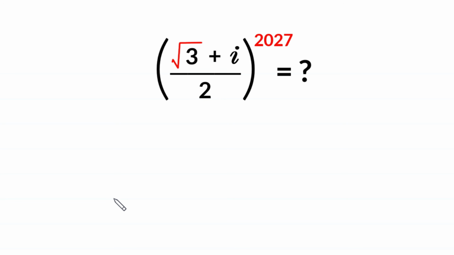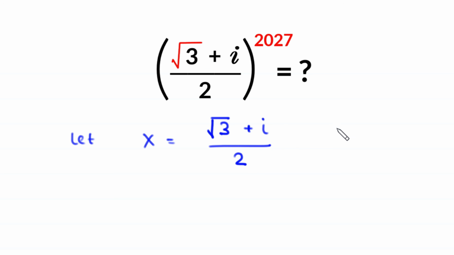Hello everyone, welcome to how to solve this very nice expression: (root 3 plus i divided by 2) whole power 2027. So let's start. First we suppose that x is equal to root 3 plus i divided by 2.